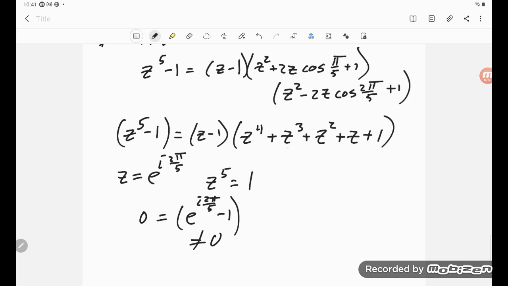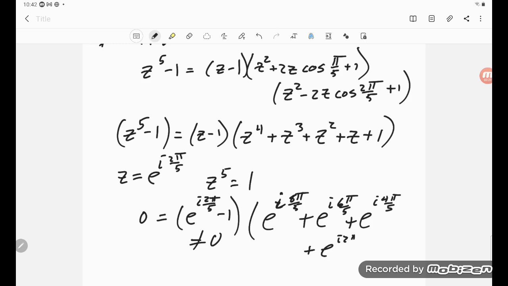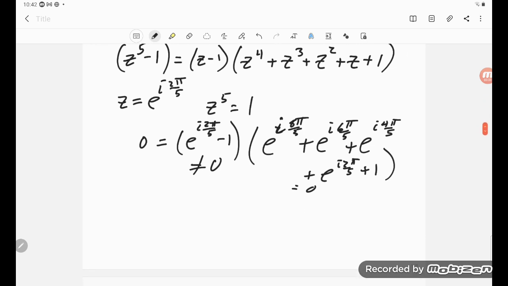And so what I know is this other thing, e to the i 8 pi over 5 plus e to the i 6 pi over 5 plus e to the i 4 pi over 5 plus e to the i 2 pi over 5 plus 1, has to be equal to 0, because one of the two has to be 0, and I know that's not 0.